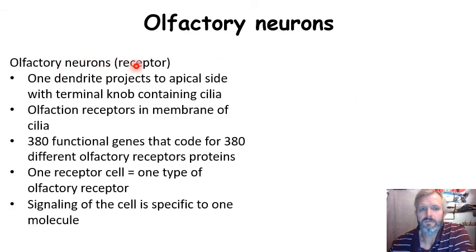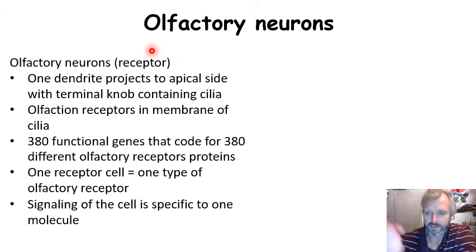So for this first part, the last sense we'll look at is olfaction, looking at that sense of smell. And in this case, we're going to have olfactory neurons as receptors. So in this case, it is actually a neuron that is going to have the receptor.